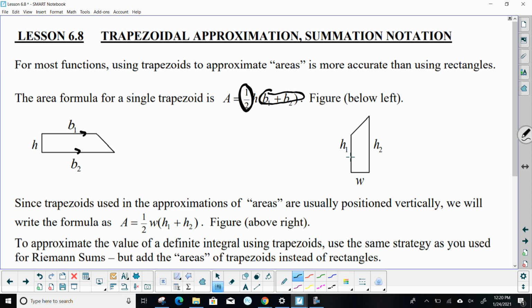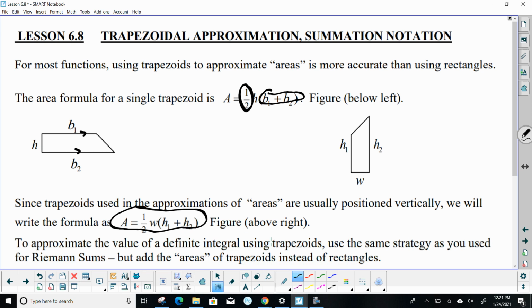And instead of base 1, we'll call it height 1. And instead of base 2, we'll call it height 2. Since trapezoids used to approximate areas are usually vertical, we're going to write the formula this way. It's the same formula. We're just changing the height to the width on the x-axis, and base 1 and base 2 to height 1 and height 2 because we're measuring vertically with the bases.